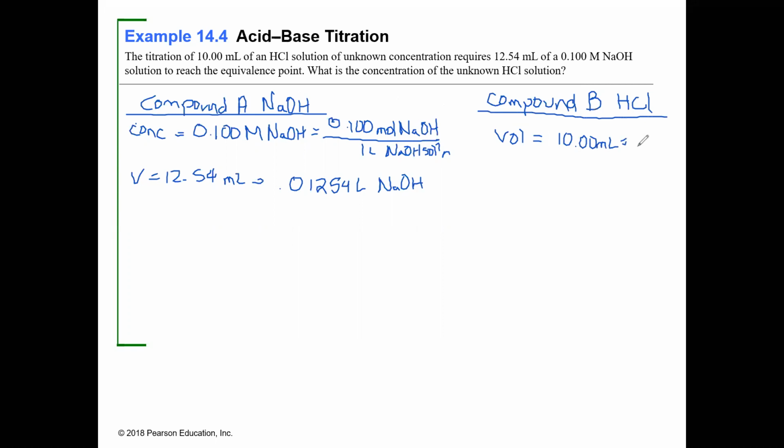Let's just get that into liters right away, 0.010 liters. And then we want to figure out its concentration. So we want to figure out its molarity. What is its molarity? And remember, molarity equals moles over liter. Well, here's my liter value right there. So I just need moles of HCl.